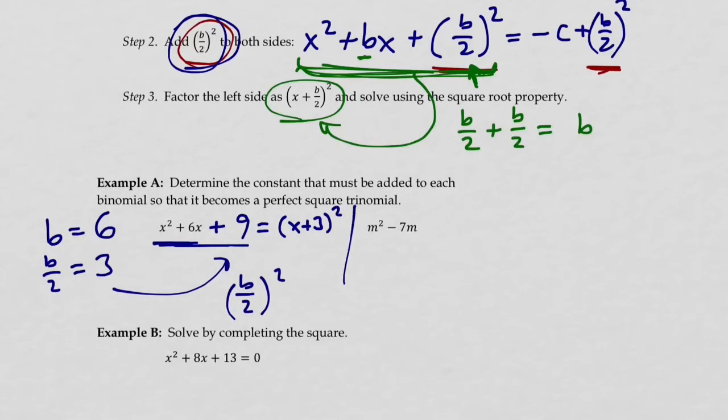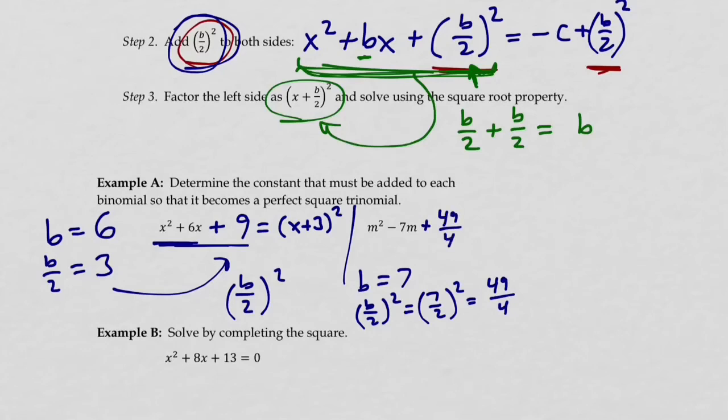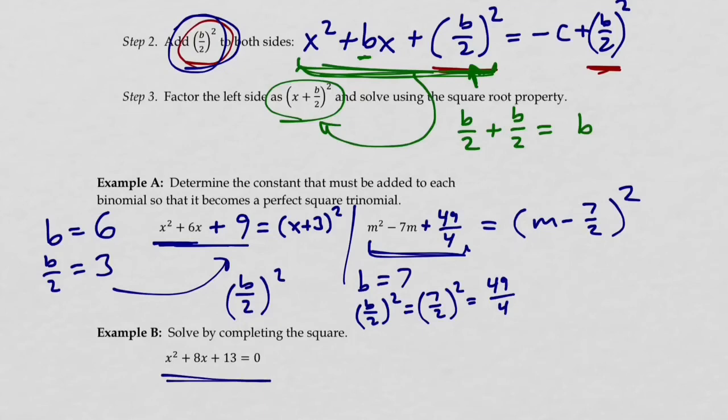In the second example, in a similar way, the value of b that we have is 7. So b over 2 squared is going to be 7 divided by 2 squared, and 7 times 7 is 49, 2 times 2 is 4. So if I add 49 over 4, then that trinomial factors as x plus 7 over 2 squared.